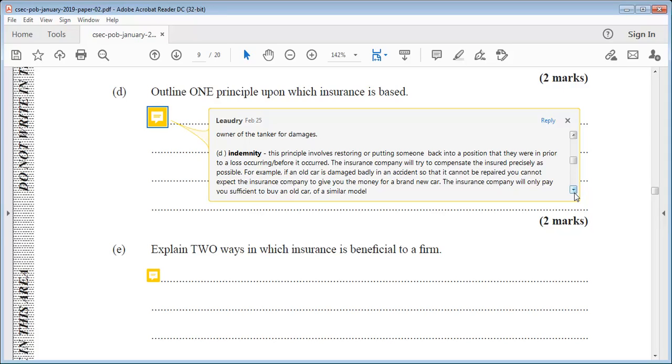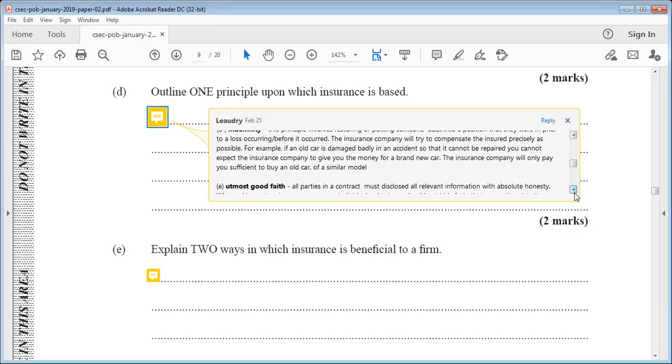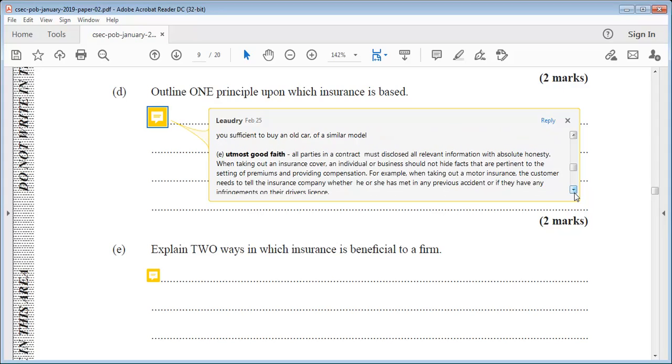For example, if an old car is damaged badly in an accident so that it cannot be repaired, the owner of that car cannot expect the insurance company to give them the money for a brand new car. Why? The car is an old car. So the insurance company would only pay the owner sufficient money to cover the value of that old car so that you could purchase something of that model.